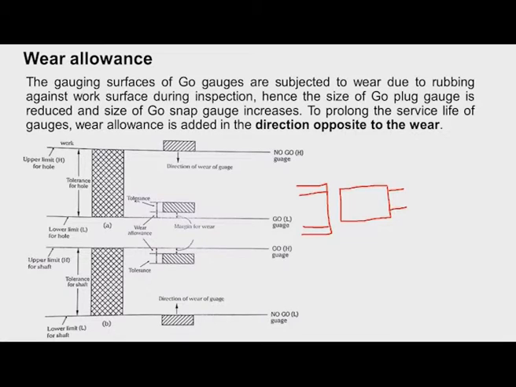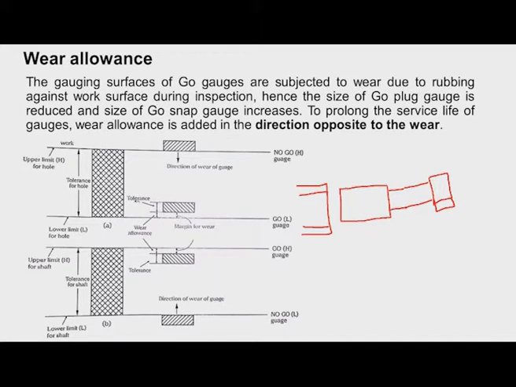So we are using the double ended go no go gauge. So no go size will be bigger. Now this go end will enter into this and there will be contact between the gauge surface and the work surface. So there will be always wear occurring on the gauging surfaces.